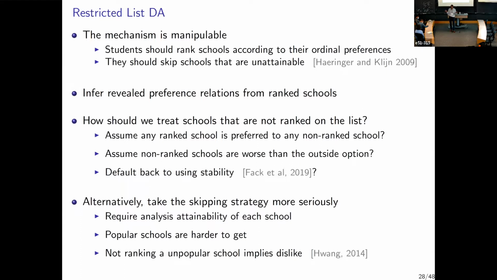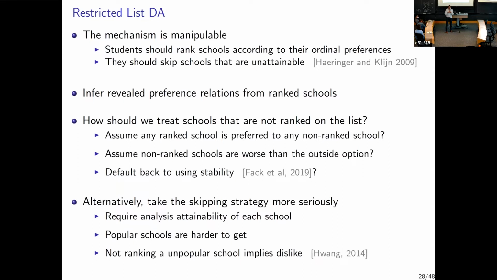So what do you think you need to think about if you want to really take the skipping behavior seriously, and you know that individuals should sometimes skip schools that are hard to attain? What are the things that you need to also know or try to investigate if you want to really exploit that behavior?